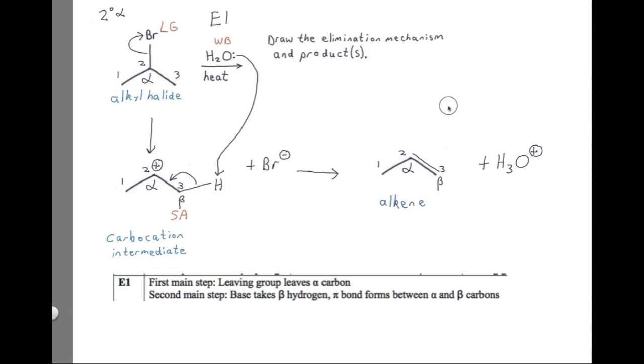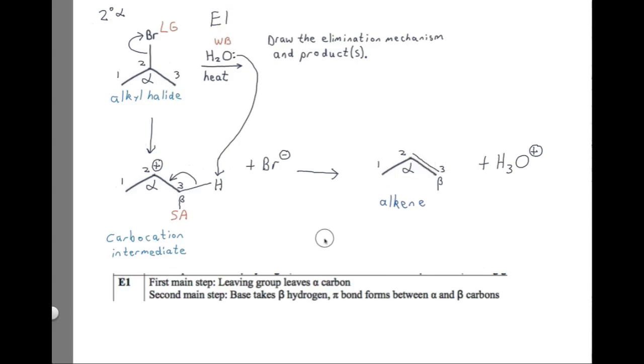Another detail, notice that this problem involves heat, and that it's fairly common for E1 and SN1 mechanisms to involve heat, but notice that the heat didn't play any significant role in our solution to the problem. All right, so we've completed our first example of an E1 mechanism.